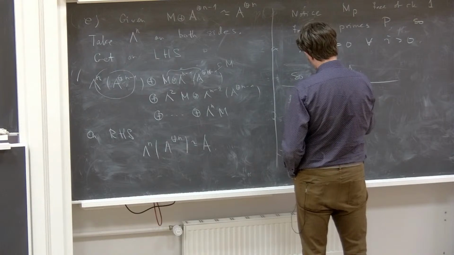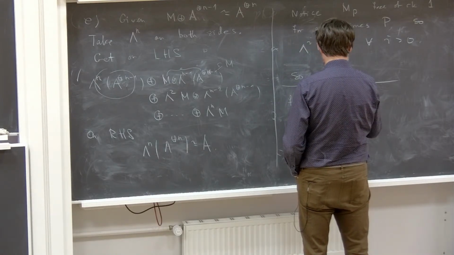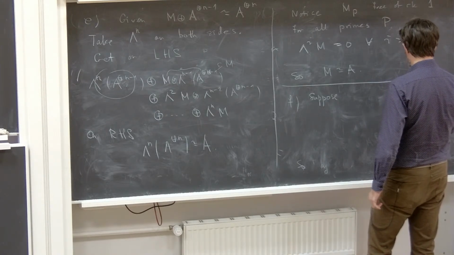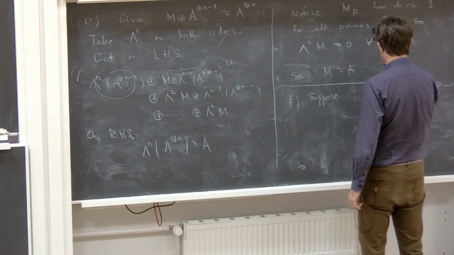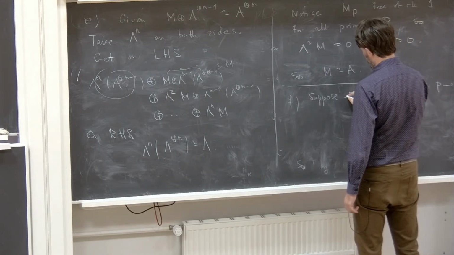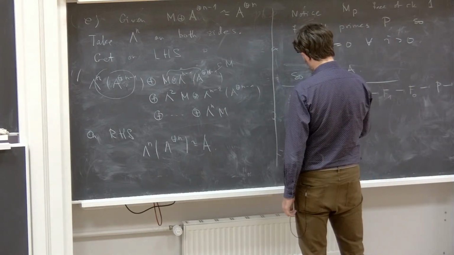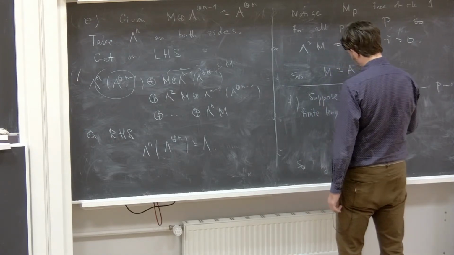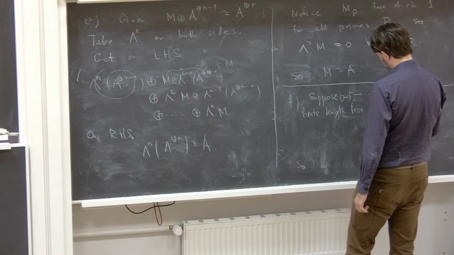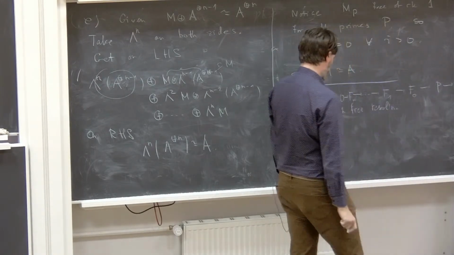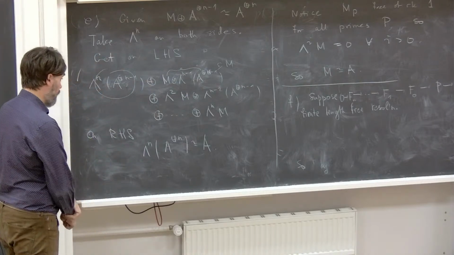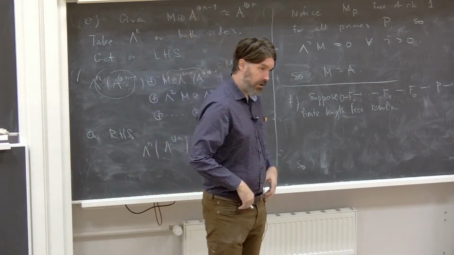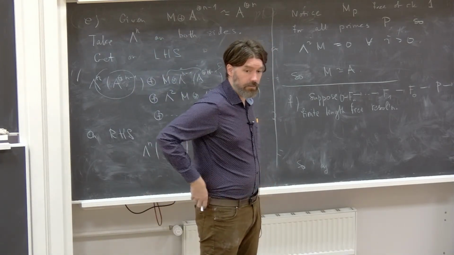So suppose F0, F1, and so on up to Fn is a finite length free resolution. So now we're going to do this splitting inductively. So F0 surjects onto P, which is projective. By the lifting property for a projective module, I can split that surjection.